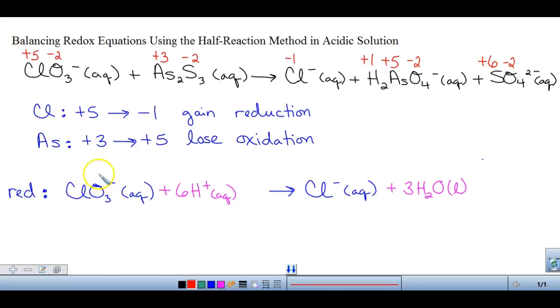So we have a -1 from this species, +6 from these species, so we've got a total of +5 on this side. Over here we have -1 and 0. So the only thing we can do is add electrons. So if this side is +5, we need to add electrons to make it -1, and so if we add 6 electrons, both sides have a -1 charge.